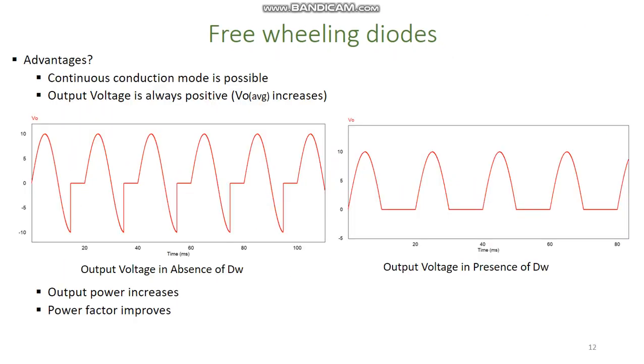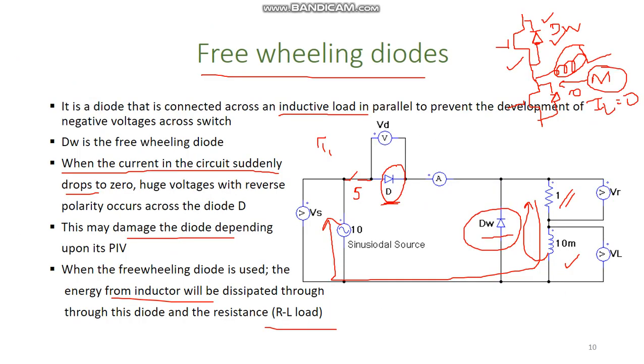But now the current, or the energy, is passing through this path, where there is no dissipating element.